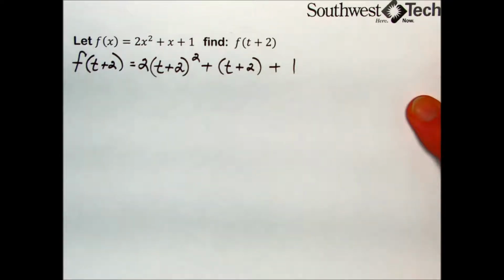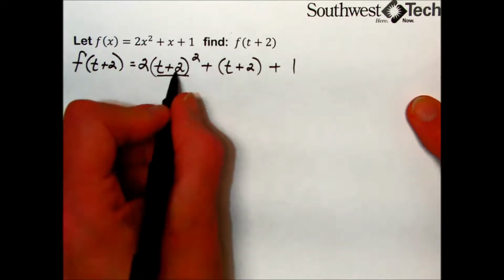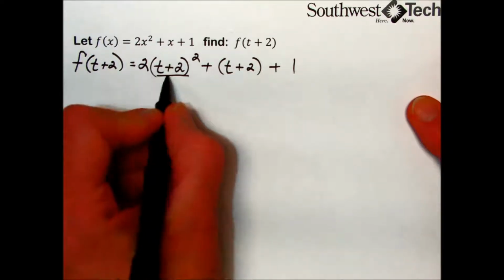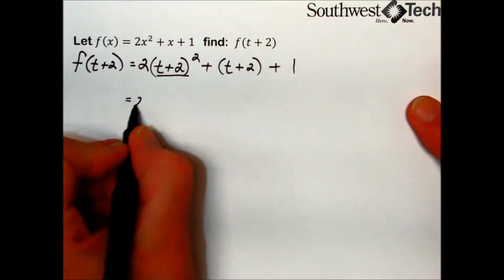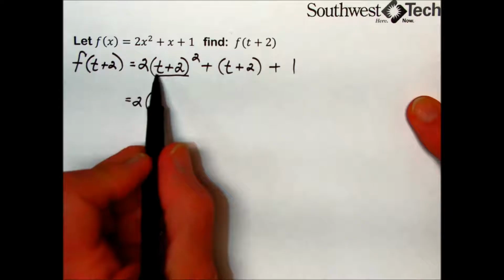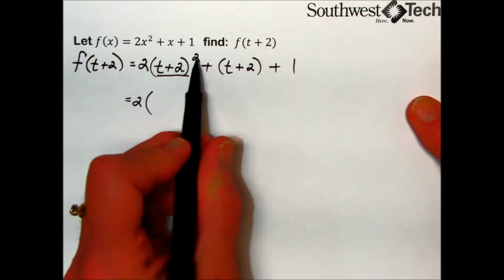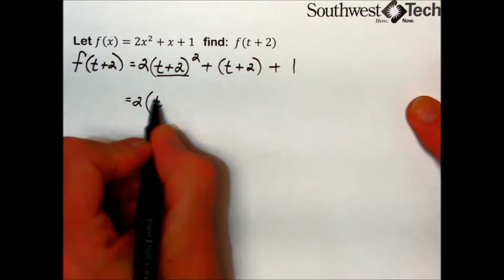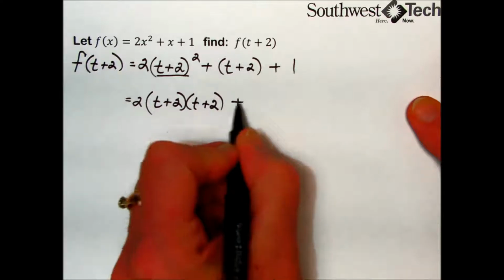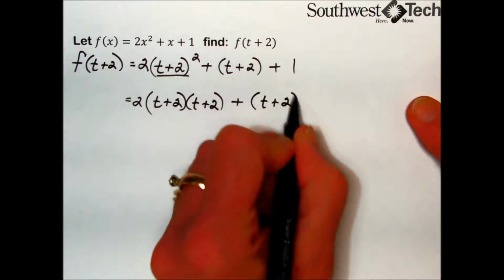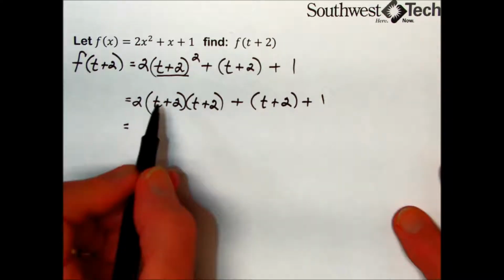Now, similar to the last problem, we need to think about order of operations. We have a binomial squared would be our priority, then we'll take care of multiplication, and then any addition and subtraction. So temporarily ignore the 2. We're taking t plus 2 quantity squared, and whether you write that out as a t plus 2 times t plus 2 and do your FOIL method on it, or if you do your shortcut, we'll both end up in the same way.